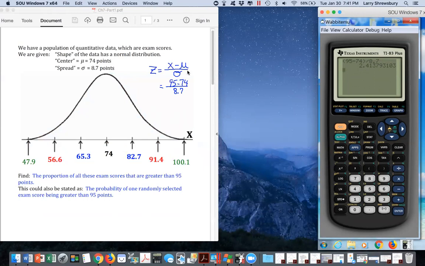Well, that's good to know. That makes it so much easier to locate. So there's 2, and there's, it looks like 2.5, so it's a little less than that. So I'm going to eyeball it right about there. So right there is where the 95 is.